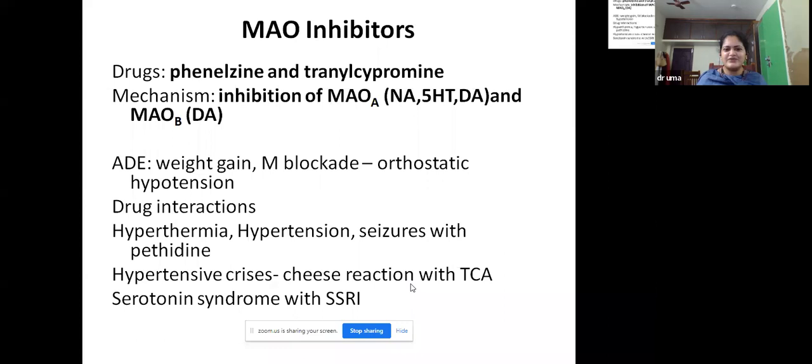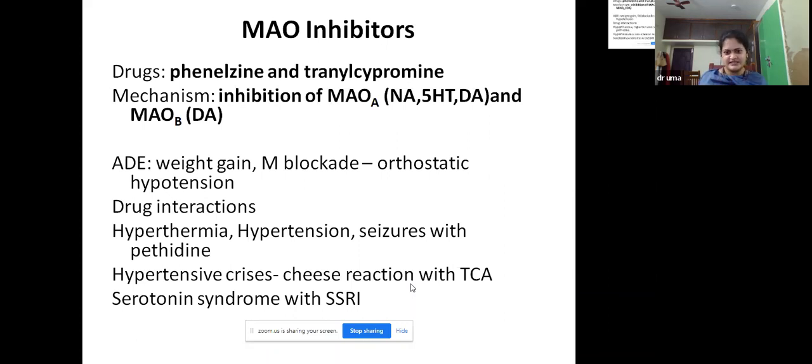The main adverse effects with these drugs are weight gain, M blockade, that is muscarinic blockade, and orthostatic hypotension, and the main thing is drug interactions. Hypertensive crisis occurs with these MAO inhibitors when you give cheese, because cheese contains tyramine.